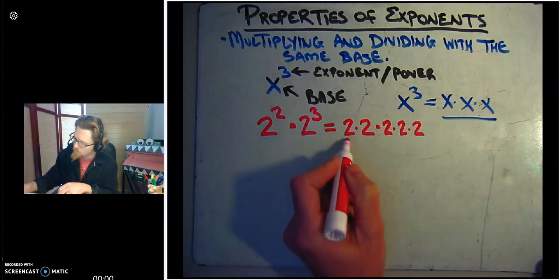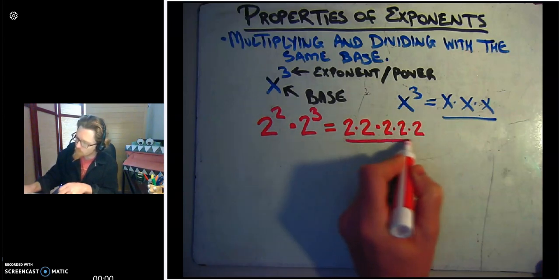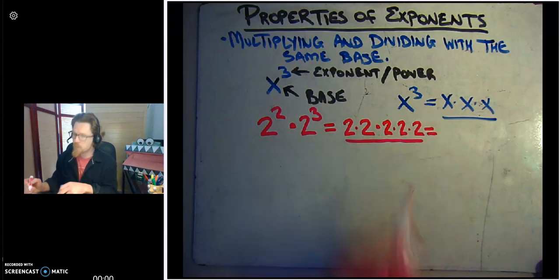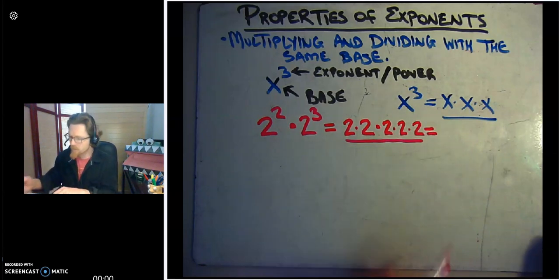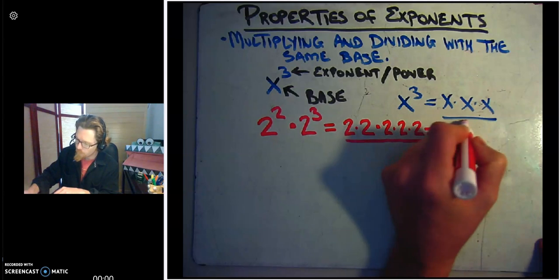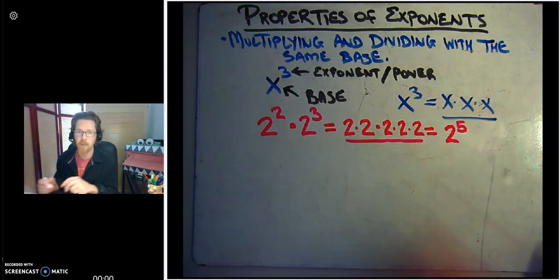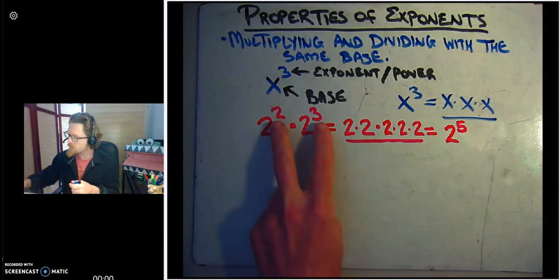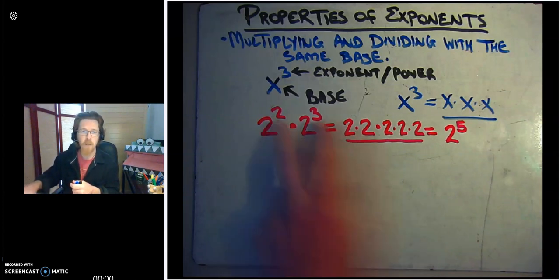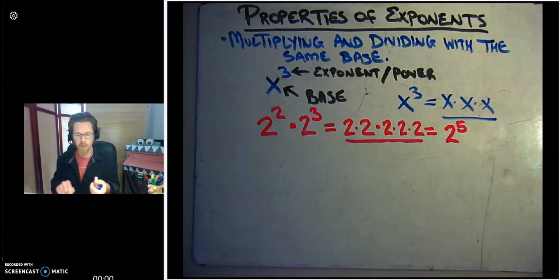Now, 2 times 2 times 2 times 2 times 2 can be written as 2 to the fifth power, because there are 5 2's. We see a pattern emerge where the exponents 2 and 3 relate to the exponent 5.